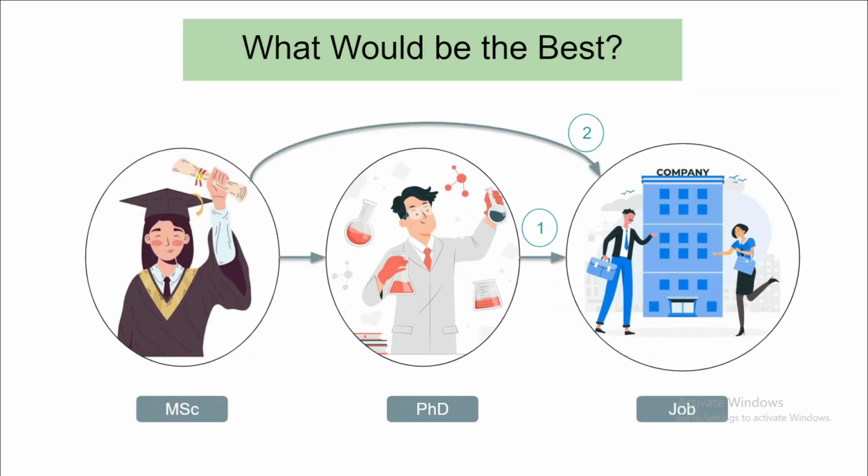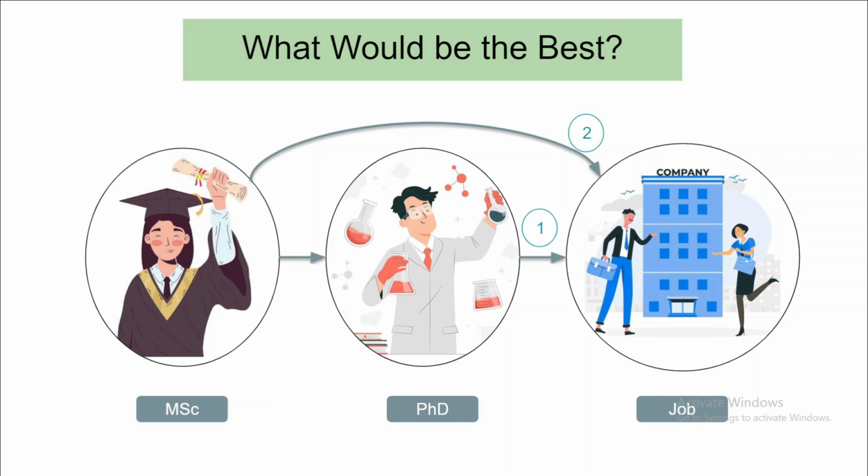So this is a big question when you are in bachelor's. You have a lot of questions, like, right now I'm in bachelor's, so after completing my masters, should I go for a PhD position and then jump into the corporate world, or should I directly jump into the corporate world after completing my masters?